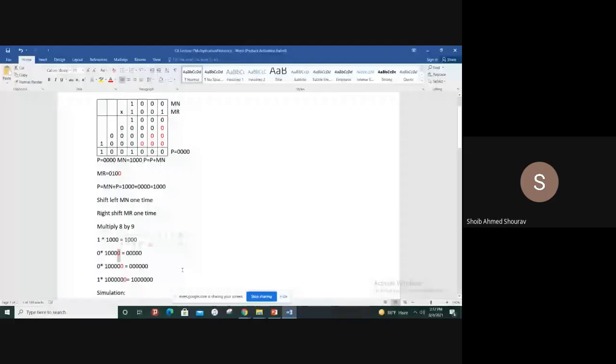Multiply by 2. Shift left means adding a 0 at the right. Shift left is adding a 0 at the right. One time shift left means one 0 at the right. Two times shift left means two zeros at the right. Is it okay?